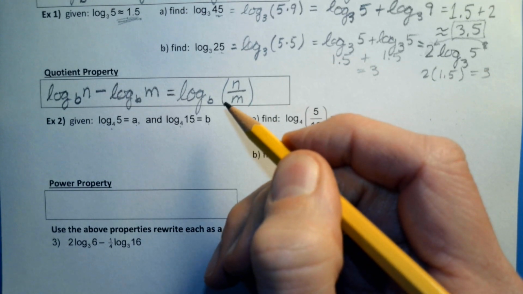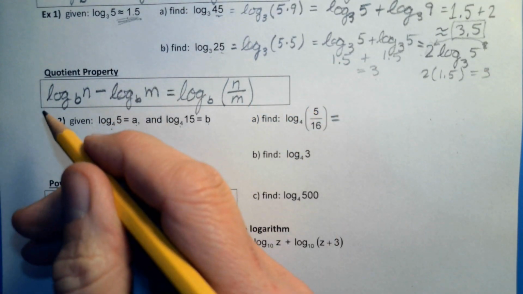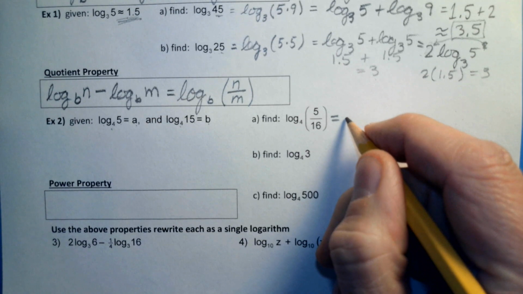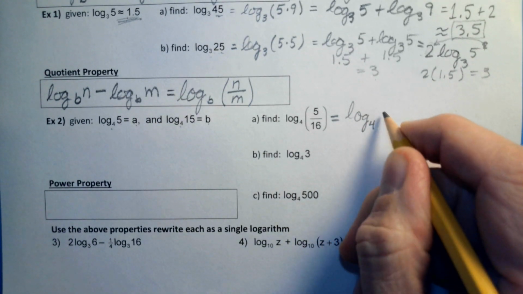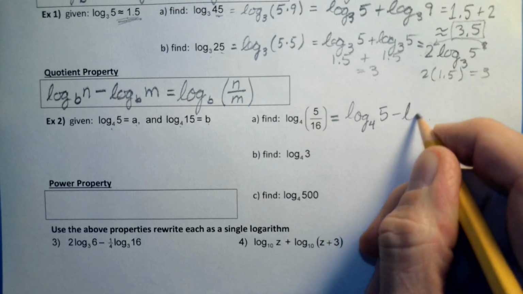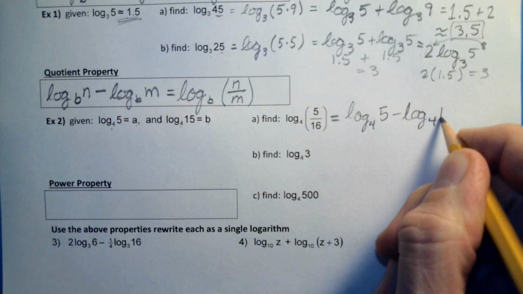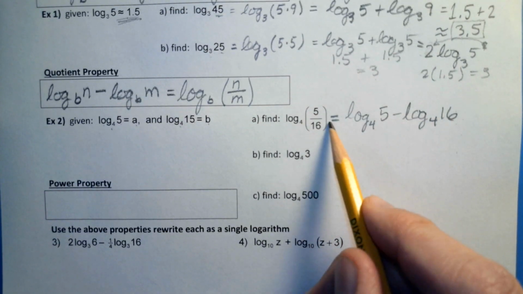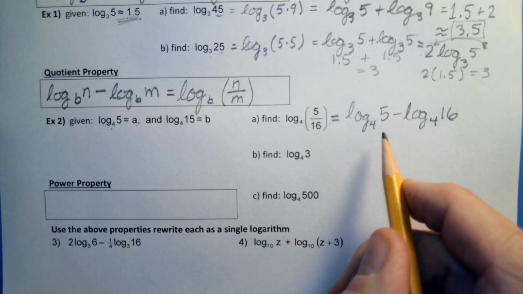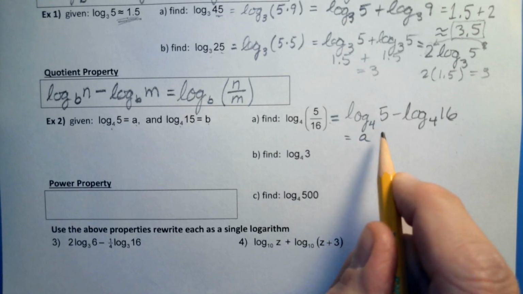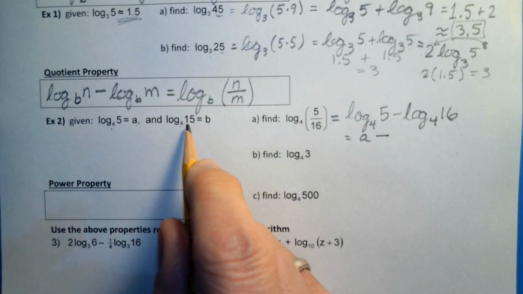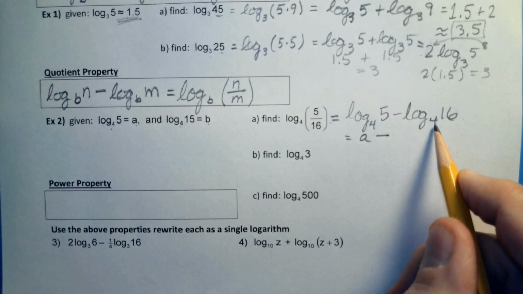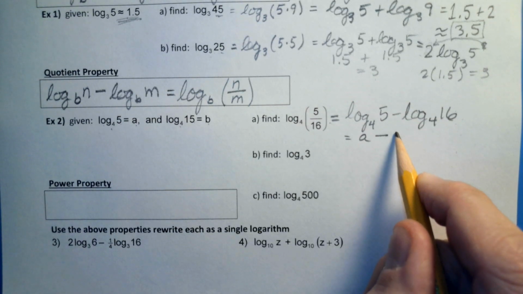Here I'm going to start with this quotient, and I'm going to write it as a difference. So this will be log base 4 of 5 minus log base 4 of 16. So log base 4 of 5, well, that's just A, so I can write this as A minus log base 4 of 16. They didn't give us that, they gave us 15, but we know what log base 4 of 16 is. That's just 2.